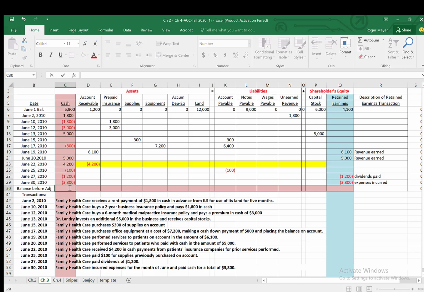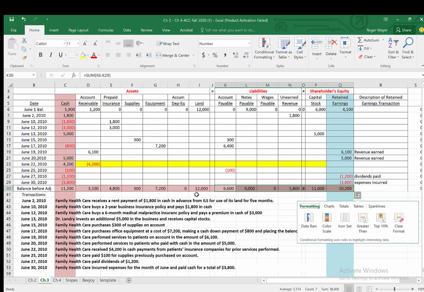So we want to sum each of these rows as part of our balance before our adjustments. We're going to sum all of our cash. We should be able to scroll this over, and these are our balances.